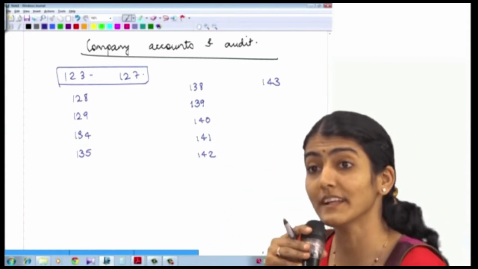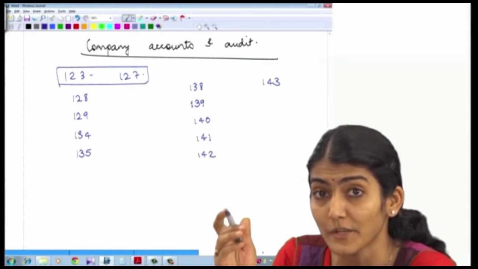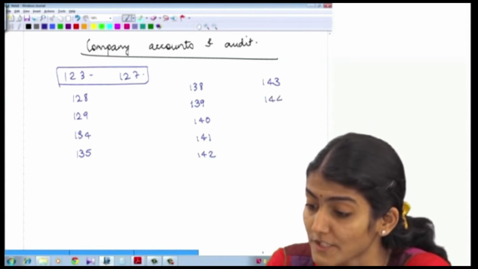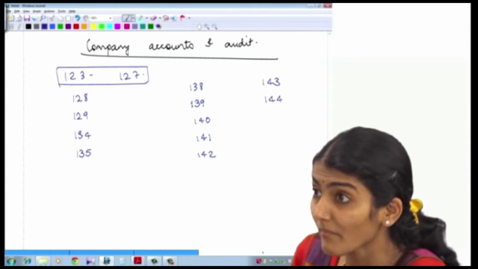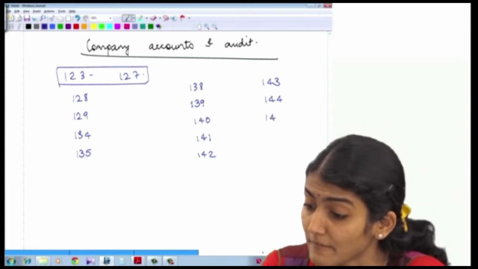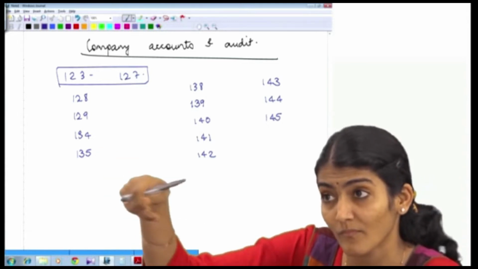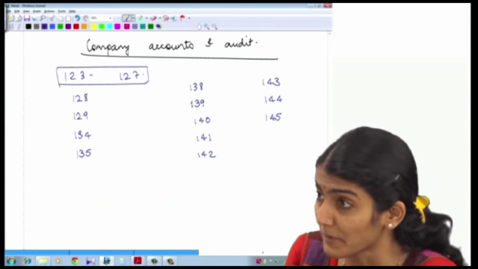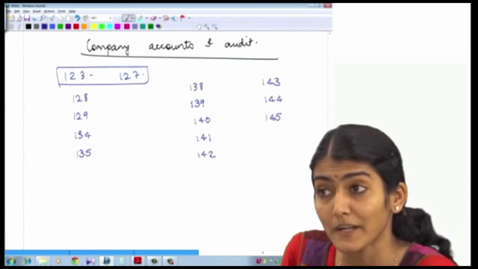Okay. 143, powers and duties of the company auditor. 144, auditor not to render certain services. 145, auditor to sign audit report. I told you, clause 12 part 1 first schedule.